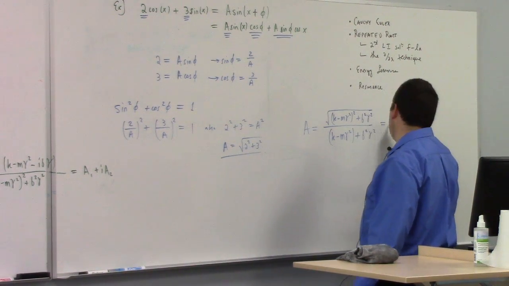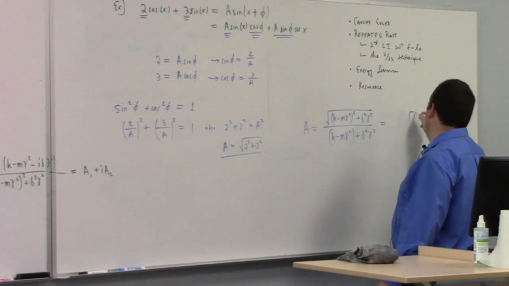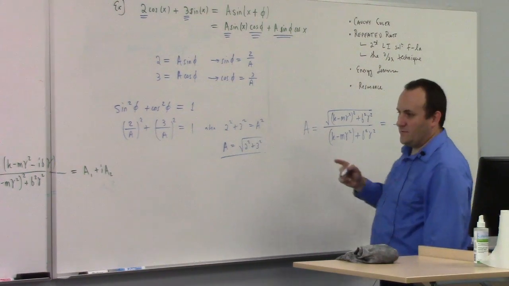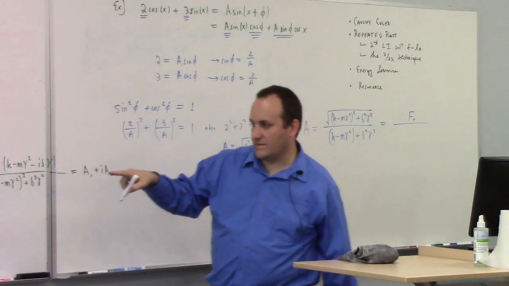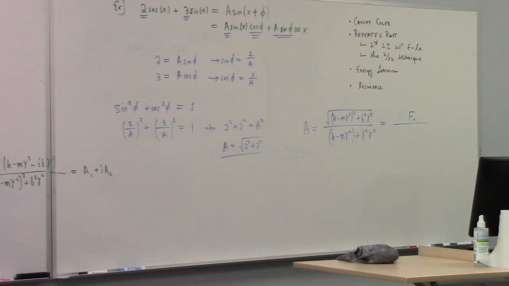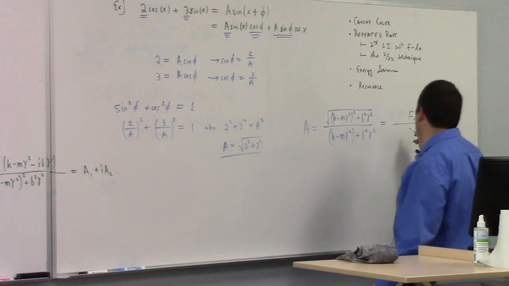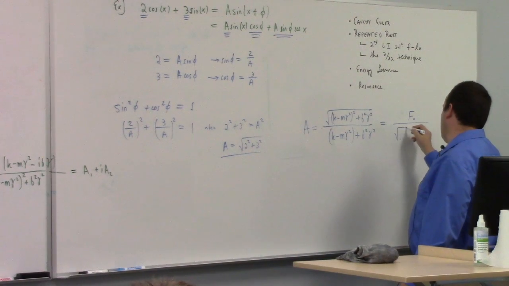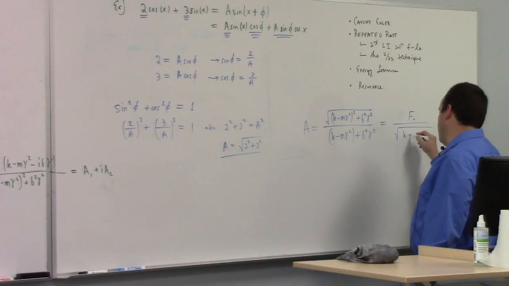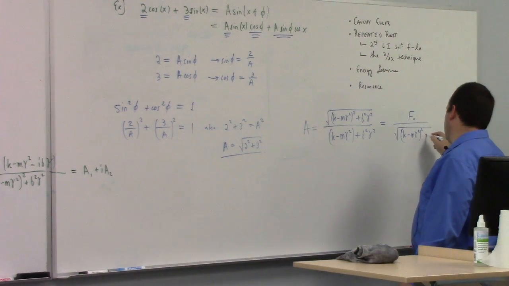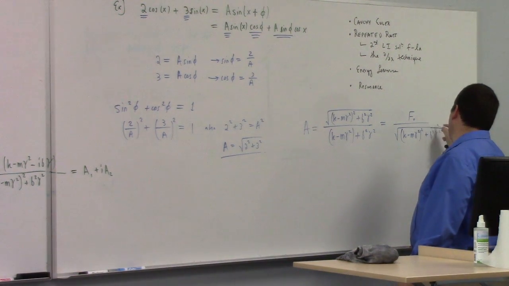Aha! So the amplitude is really just f naught. There's supposed to be an f naught in both of these, isn't there? Typo, I forgot my f naught there. Sorry about that. Anyway, long story short, the amplitude is f naught over the square root of k minus m gamma squared, squared, plus b squared gamma squared.